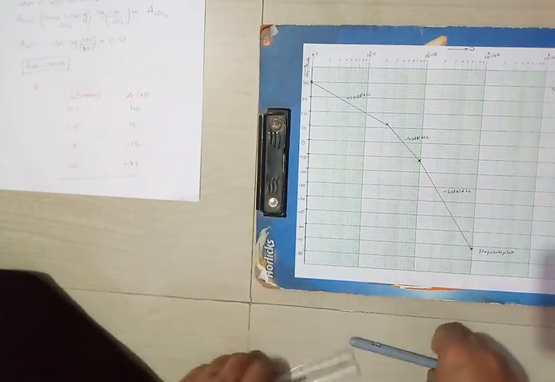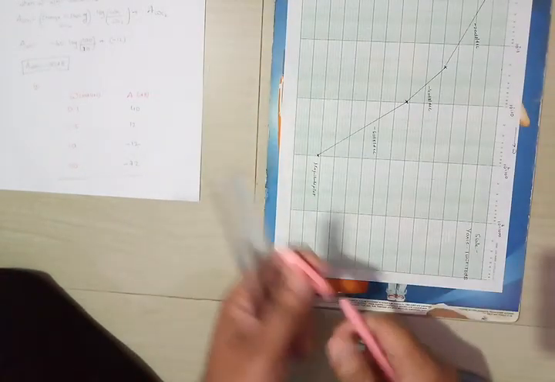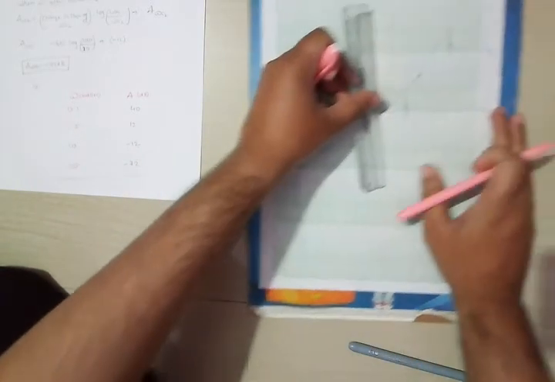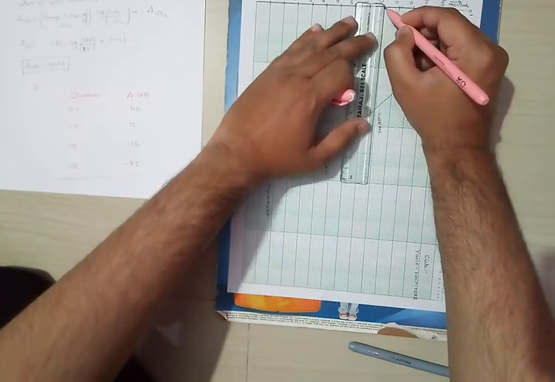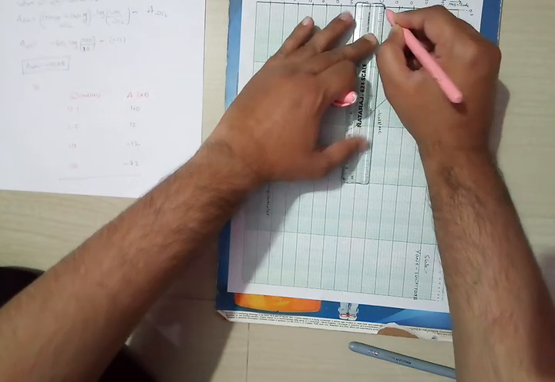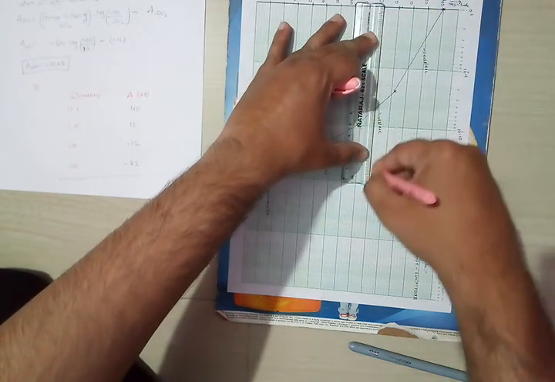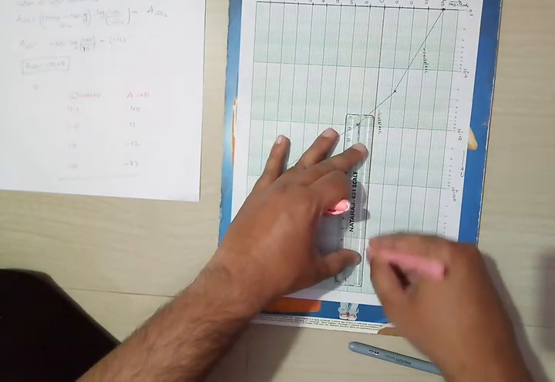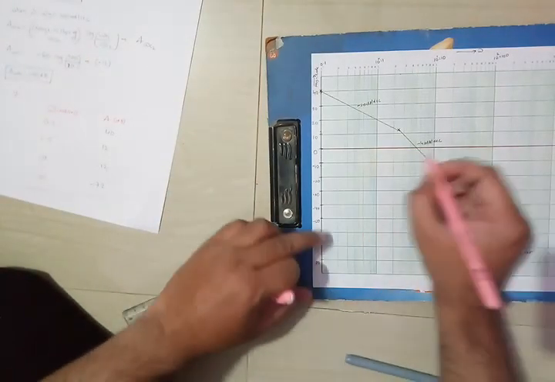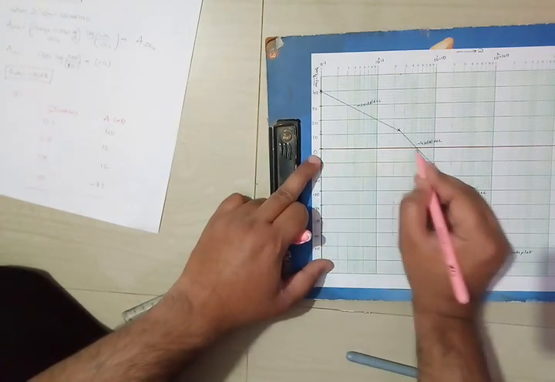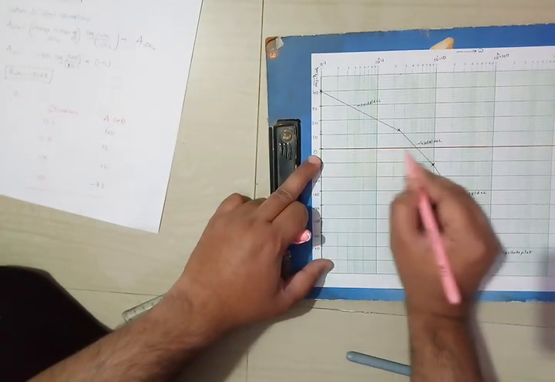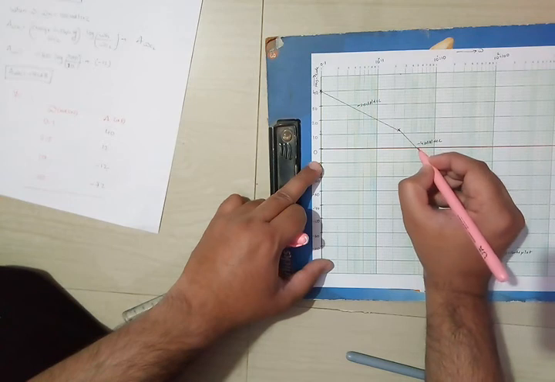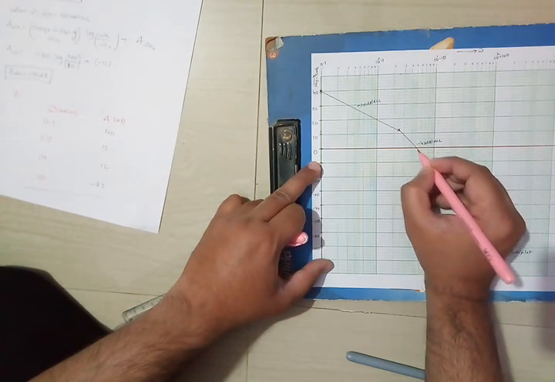To find the gain crossover frequency, we always consider 0 dB to be a reference line. So mark a complete horizontal line from 0 decibels. After marking the horizontal line, check where this reference line, the 0 dB line, is exactly touching our magnitude plot.